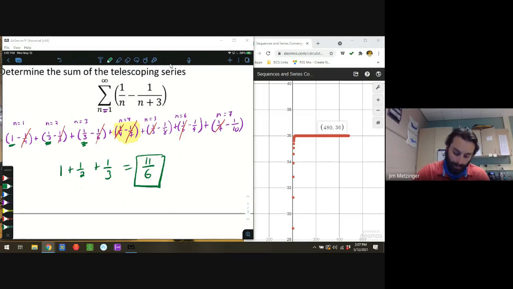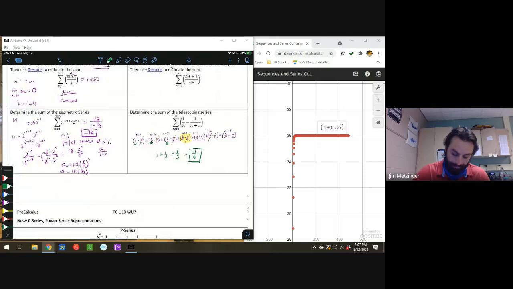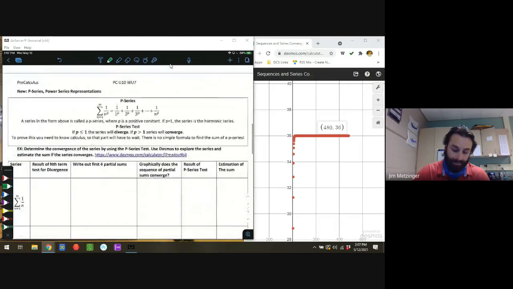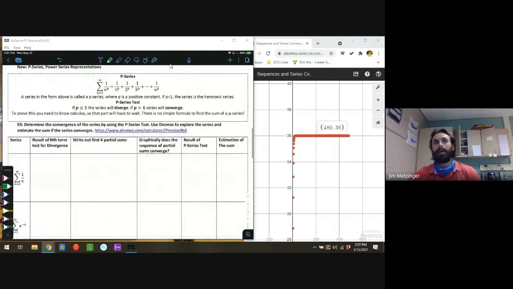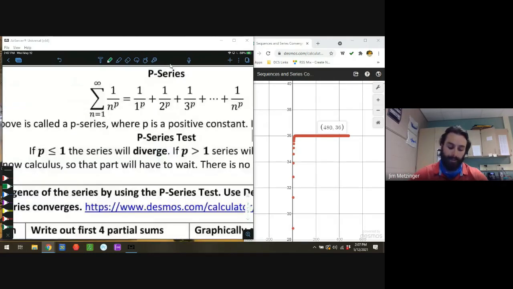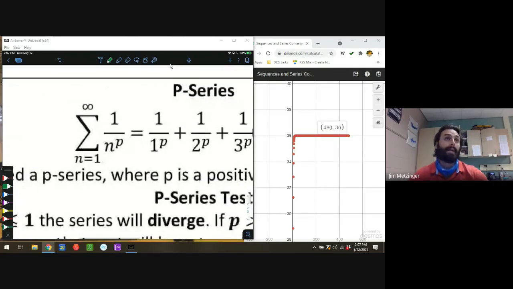We can go look at another kind of series real quick called a p-series. We've encountered some of these already, where a p-series is simply something that I'm trying to find the sum of, an infinite sum, and it can be written in the form of 1, or a number other than 1, that part doesn't matter, over n raised to an exponent.